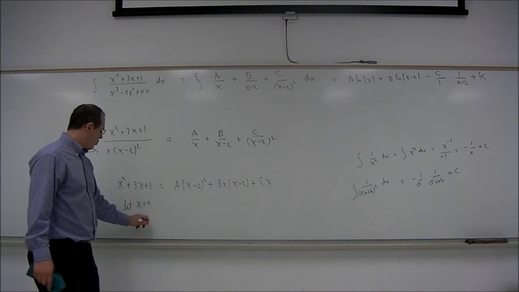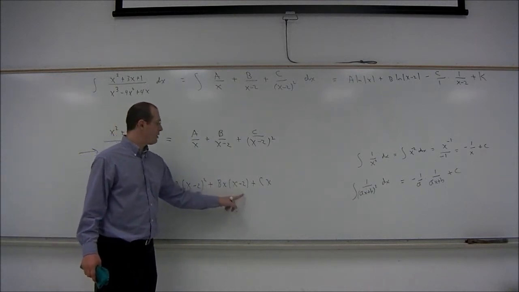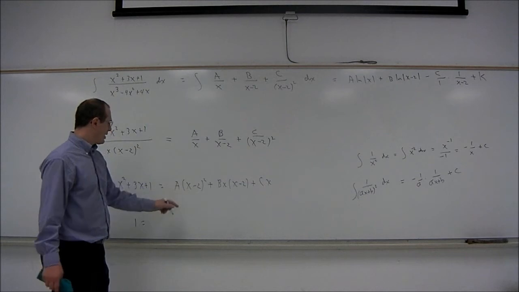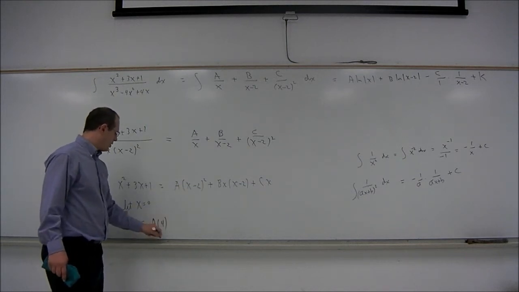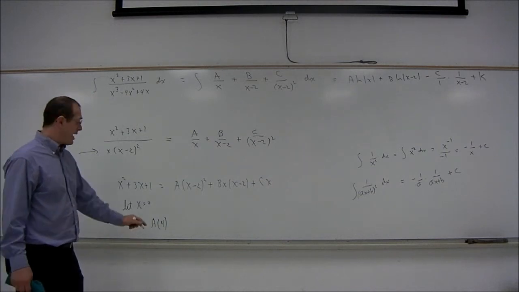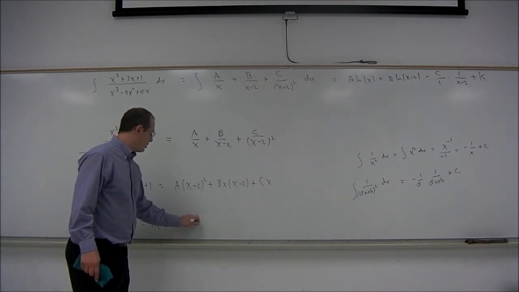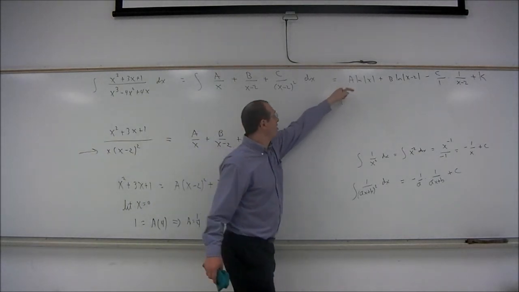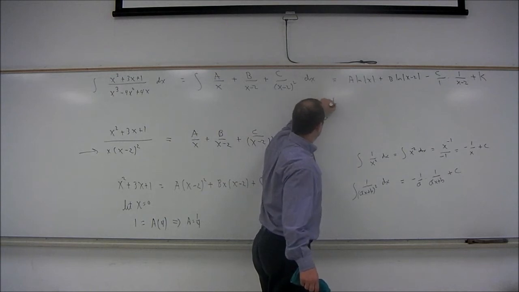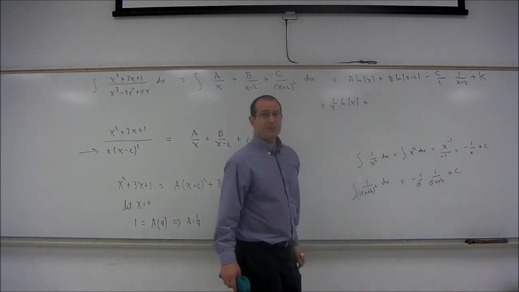On the left side you get 1, and on the right side it'll be B times 0 and C times 0, so we'll just get A times negative 2 squared, which is 4. That immediately tells us that A is 1/4. So that's going to go right there in the final answer, 1/4 log absolute value of x plus etc.